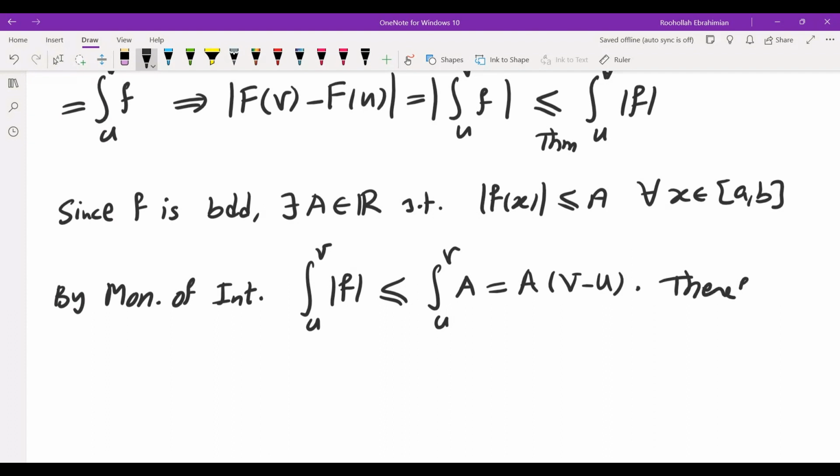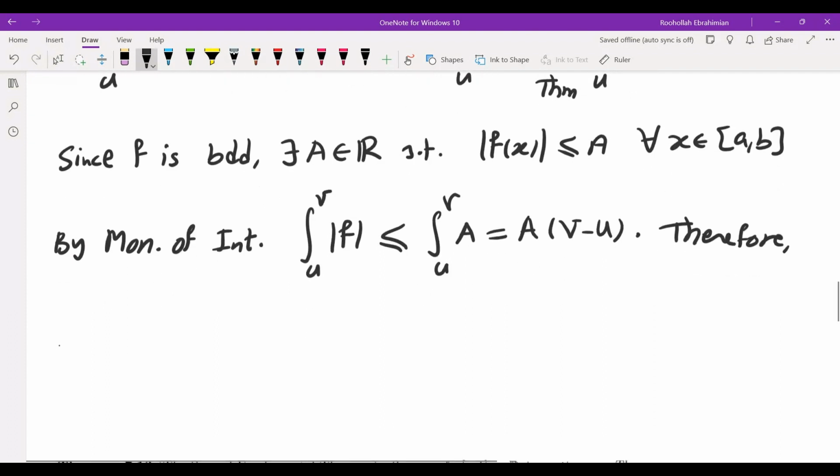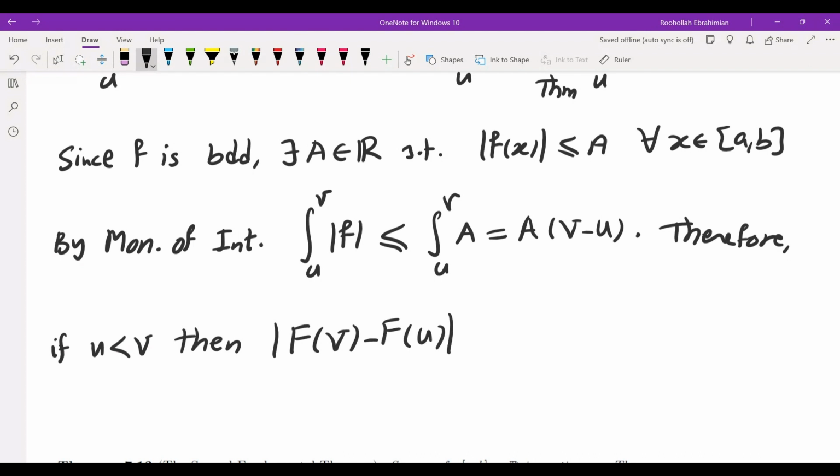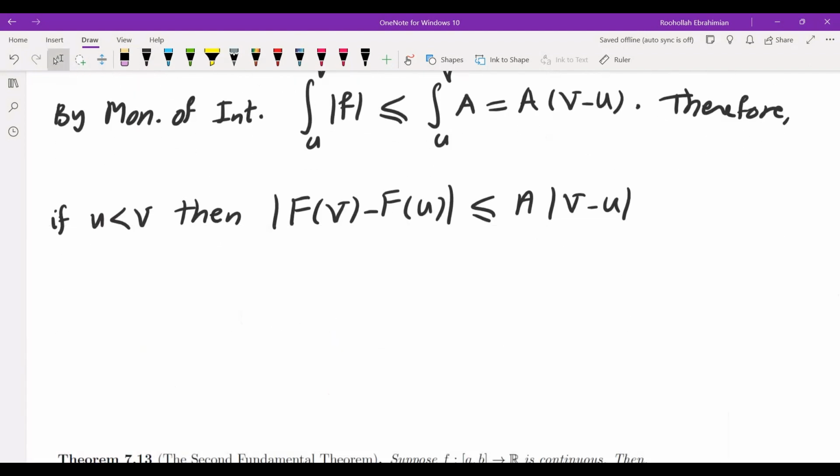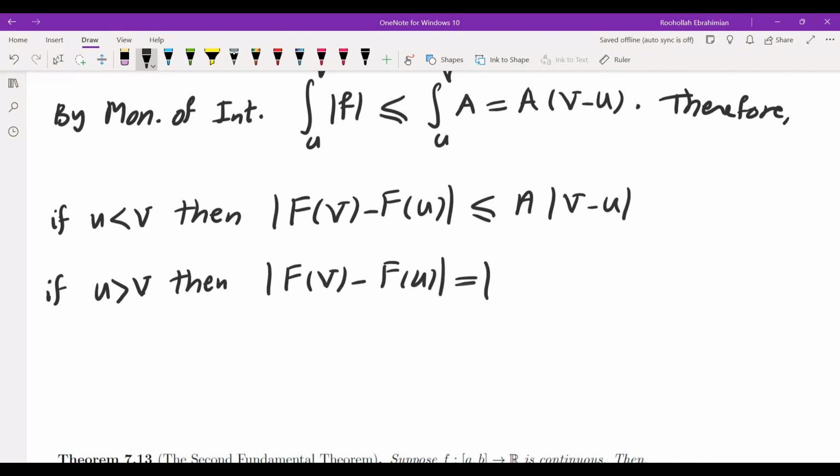Therefore, if u is less than v, then the absolute value of F(v) minus F(u) is less than or equal to A times the absolute value of v minus u. And it's the same when u is greater than v: the absolute value of F(v) minus F(u) is the same as the absolute value of F(u) minus F(v).